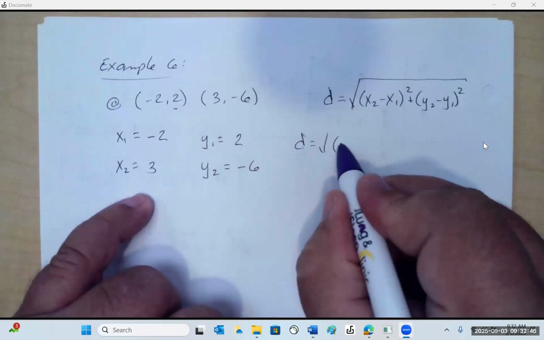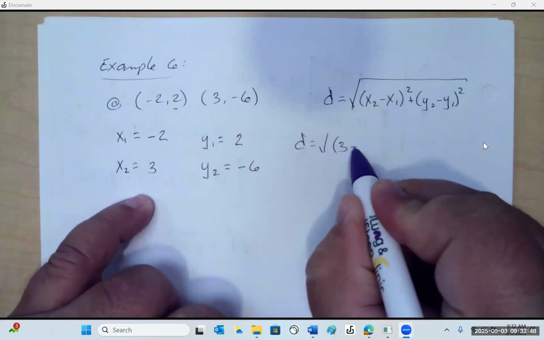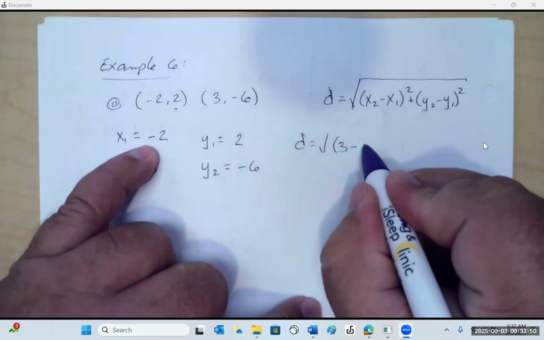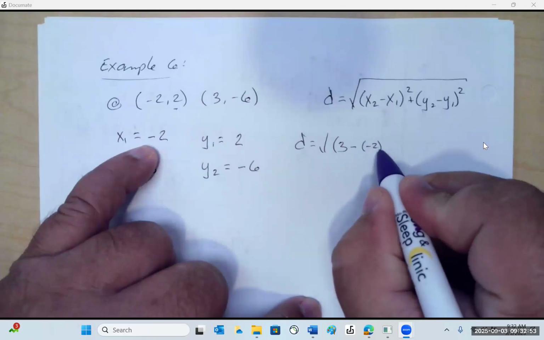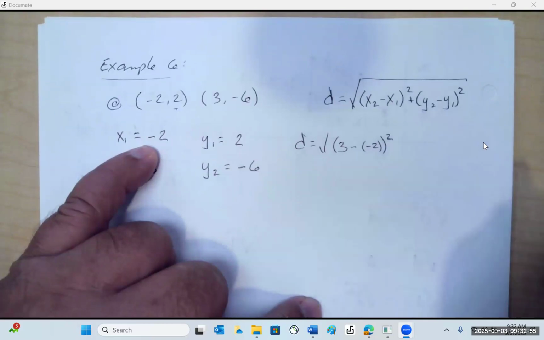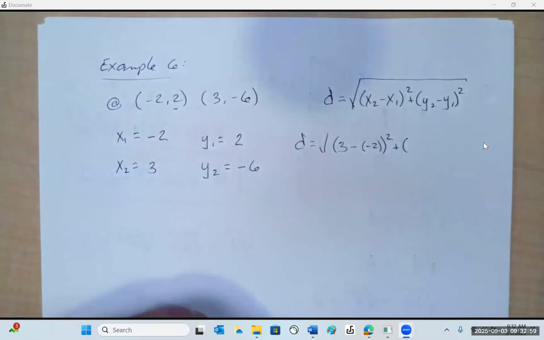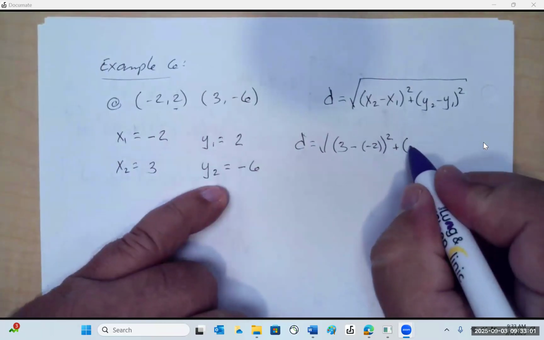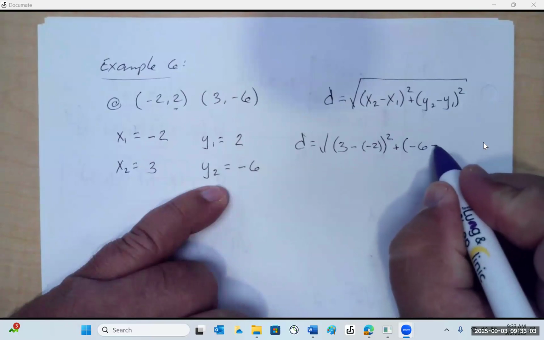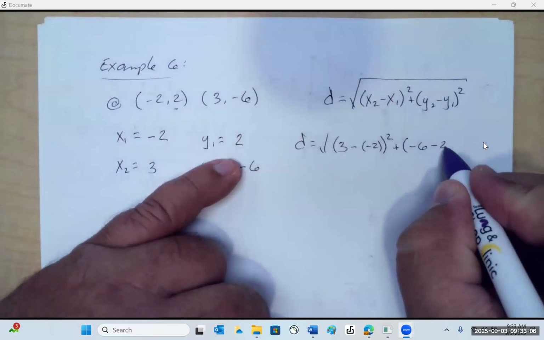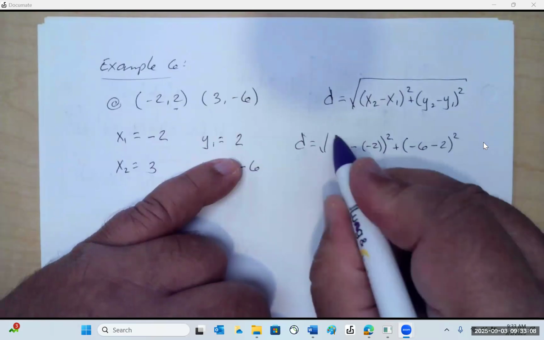So X sub 2 is 3, minus X sub 1 is -2, squared, plus Y sub 2 is -6, minus Y sub 1 is 2, squared.